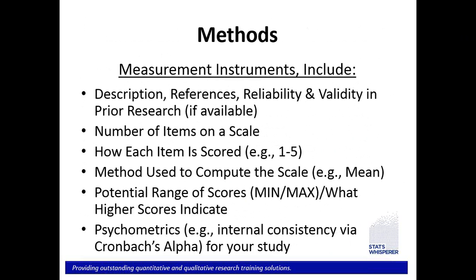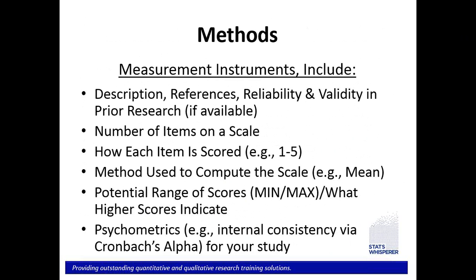Is the mean score taken, or are all the items combined, and is there a cutoff score, and it becomes a dichotomous measurement, right? So the potential range of scores, what's the highest or lowest score a study participant can indicate, and what does a higher score indicate? What does it mean? And lastly, the psychometrics, right?